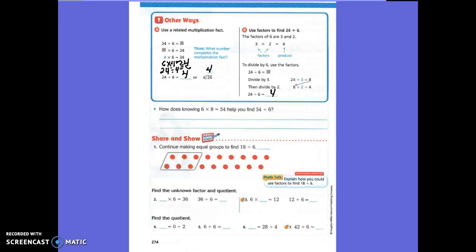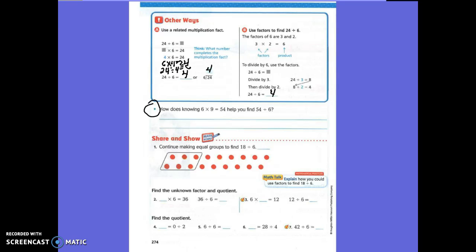Okay, so I want you to tell me, is this question asking us to use related facts, or breaking it apart like it was yesterday? How does knowing 6 times 9 equals 54 help you find 54 divided by 6?